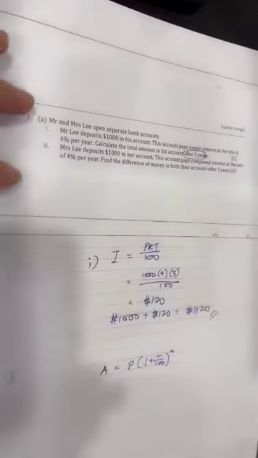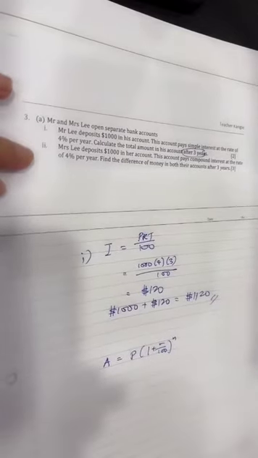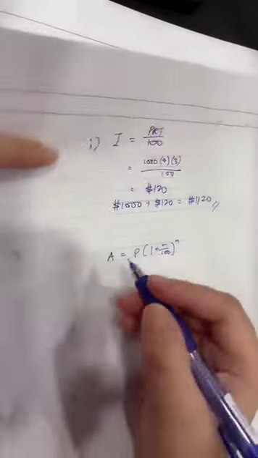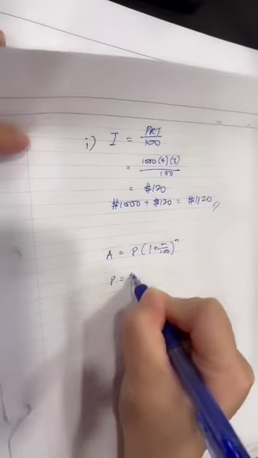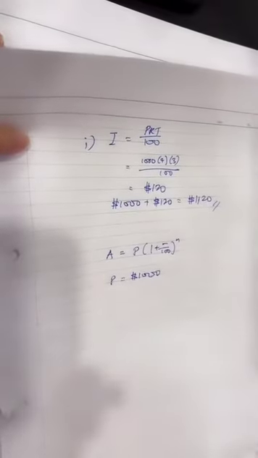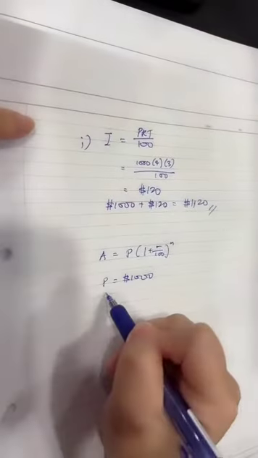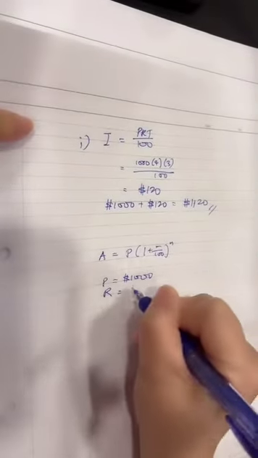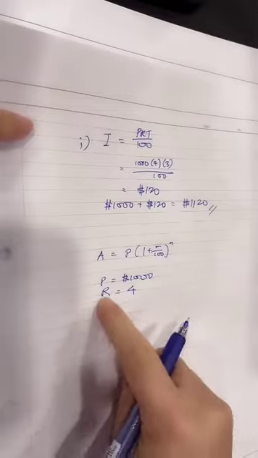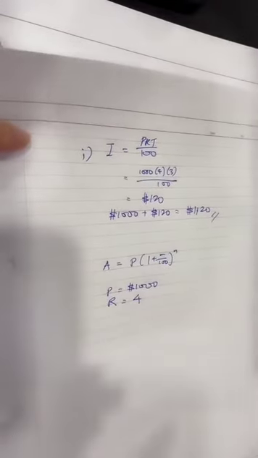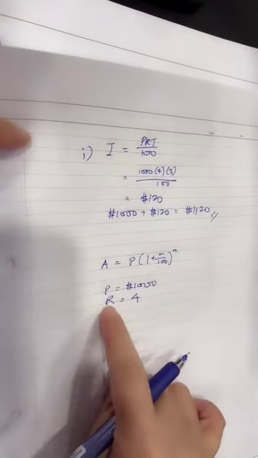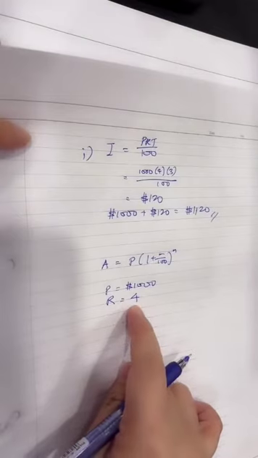The principal again is $1,000, so P equals 1,000. Then the R: I'm going to put big R equals 4. Later I'll explain the big R and small r. Take note, big R represents the percentage rate per annum, per year. Understand? Okay.